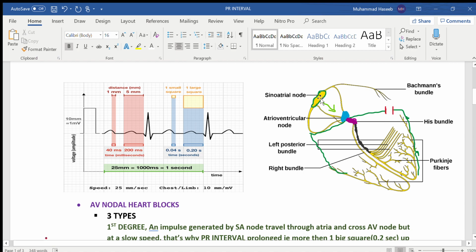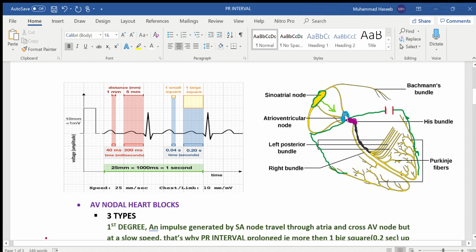Now, the impulses generated by the SA node have to travel to reach their destination. First stop is at the AV node, where they delay for 0.09 second, which is known as the AV nodal delay.